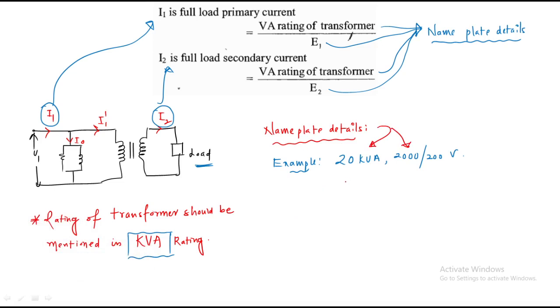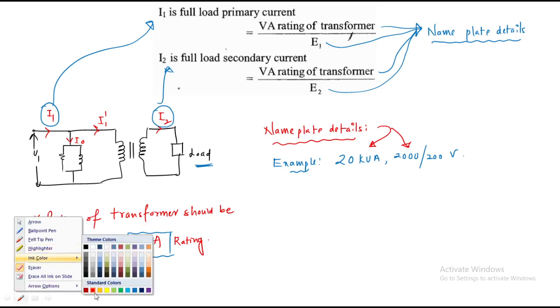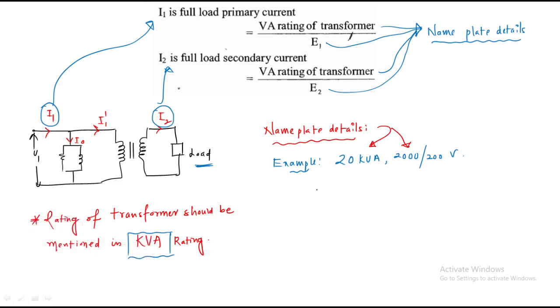So this is the multiplication E1 I1, and we all know that a transformer is a constant power device. Therefore, E1 I1 equals E2 I2 equals 20 kVA. And 2000 by 200 is the transformation ratio, that is E2 by E1 equals 2000 by 200.